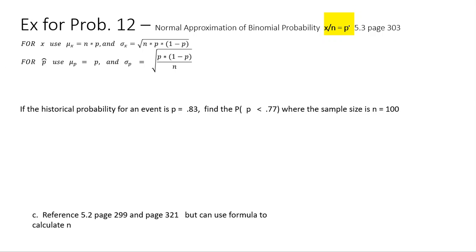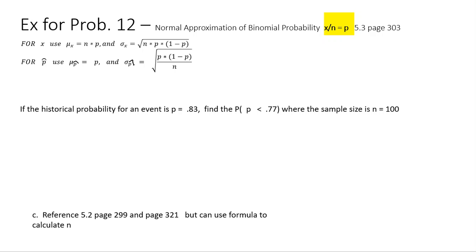If you are talking about the p part of a sample, namely p hat, then the mean of p hat is going to be exactly equal to whatever p is, and the standard deviation of p hat is going to be this. So these are actually p hats here.